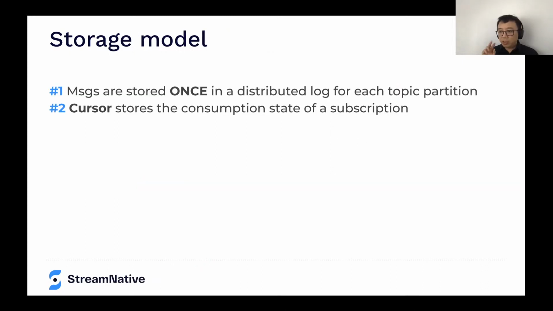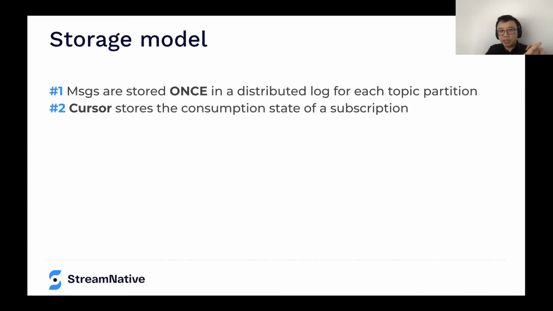Hence, the second kind of rule for the storage model is that Pulsar uses a cursor to store the consumption state of a subscription. To simplify, or to compare with other messaging systems like Kafka, you can think of the cursor as the Kafka offset.